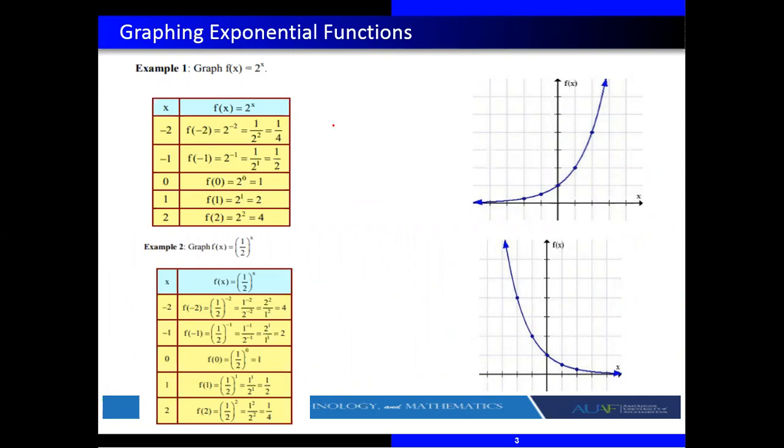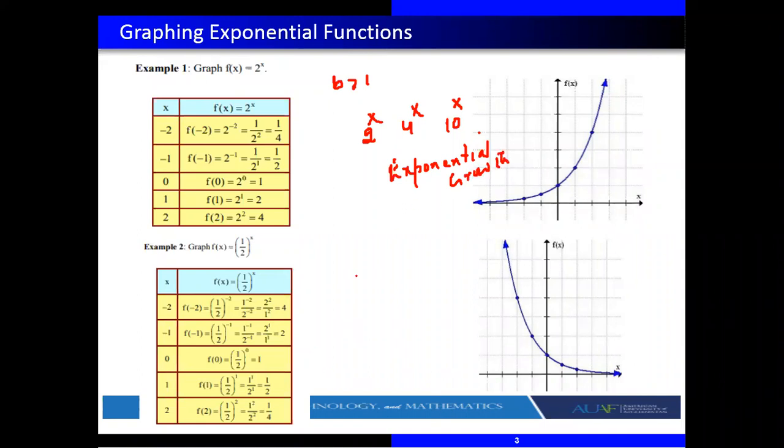When the base is greater than 1, like if you write 2 power x, or 4 power x, or 10 power x, the function is increasing. This is called what? This is called exponential growth.